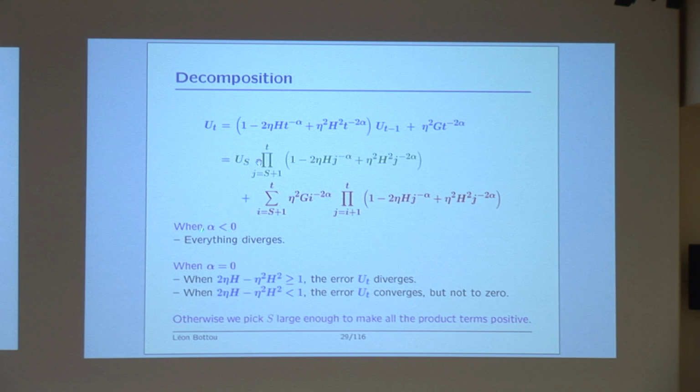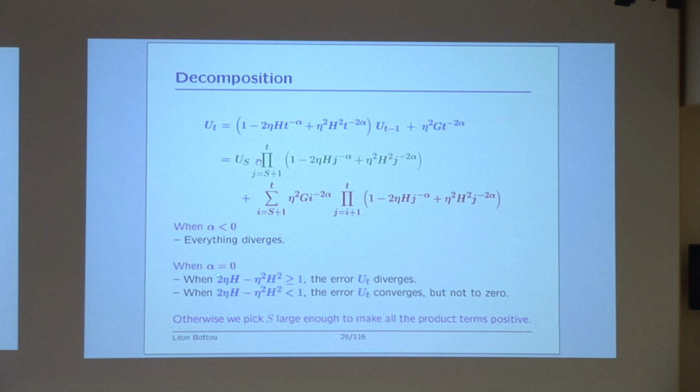Now, the first thing we can notice is that when alpha is less than 0, meaning that the gain increases, everything diverges, because my multiplicative factors get greater and greater. When I multiply numbers that are bigger and bigger together, it's not going to be pretty.